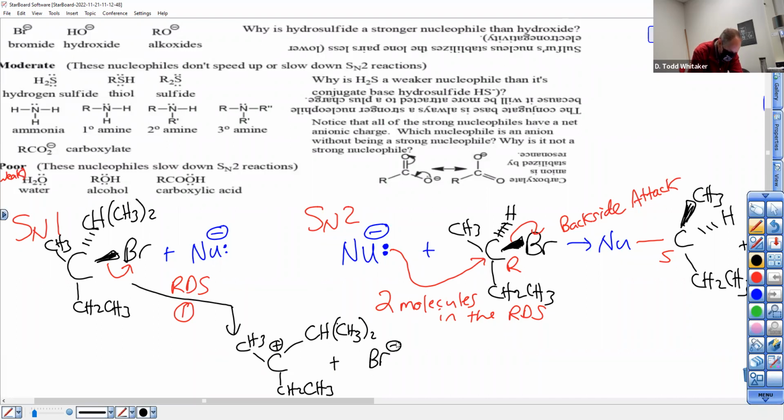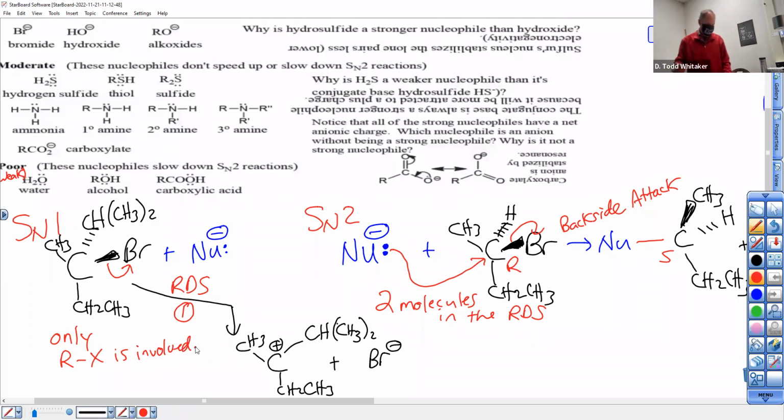How many molecules were involved? The nucleophile was not necessary for this, was it? Only RX is involved, and I don't think we've used the short form RX yet. R is a carbon, X is a leaving group.